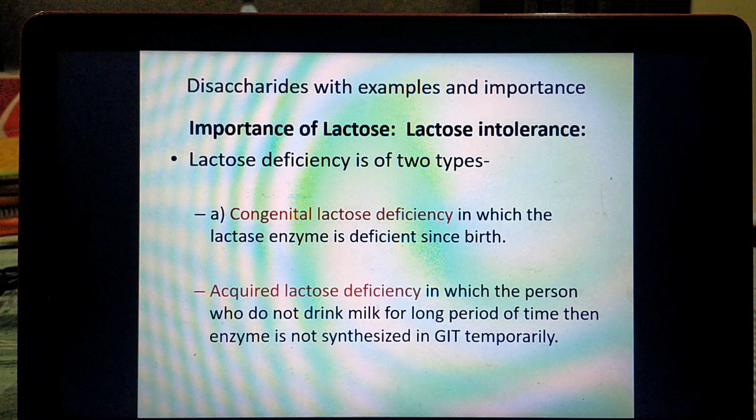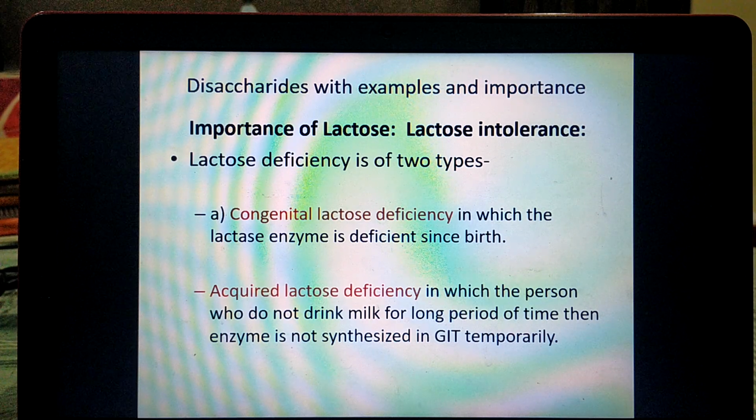There are two types of lactose intolerance. One is called congenital lactose intolerance and another is acquired lactose intolerance. In congenital lactose intolerance, the enzyme lactase is deficient since birth.